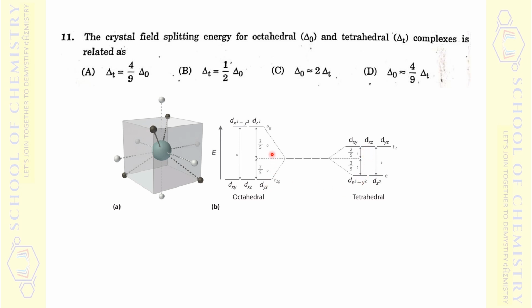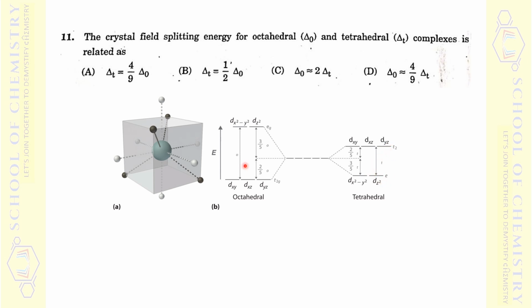We shall see the reasons why the splitting is more in octahedral complexes and less here, but the first fact you should know is that octahedral splitting is more compared to tetrahedral, because based on that you can eliminate one of the options. Even if you end up in confusion, just based on the fact that delta O is larger compared to delta T, the correct answer can be identified.